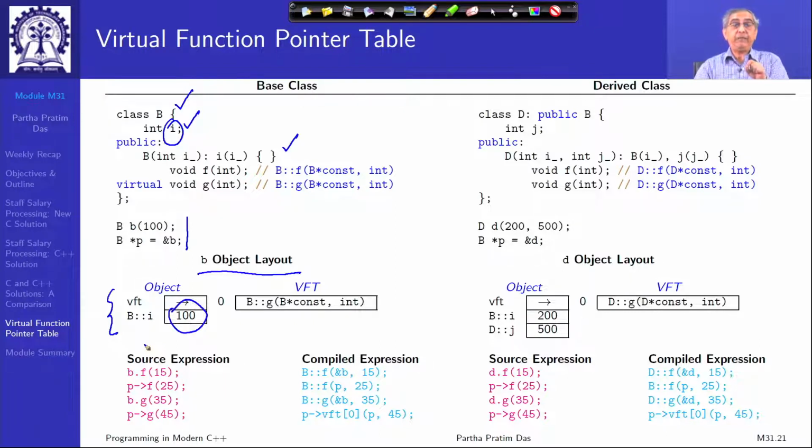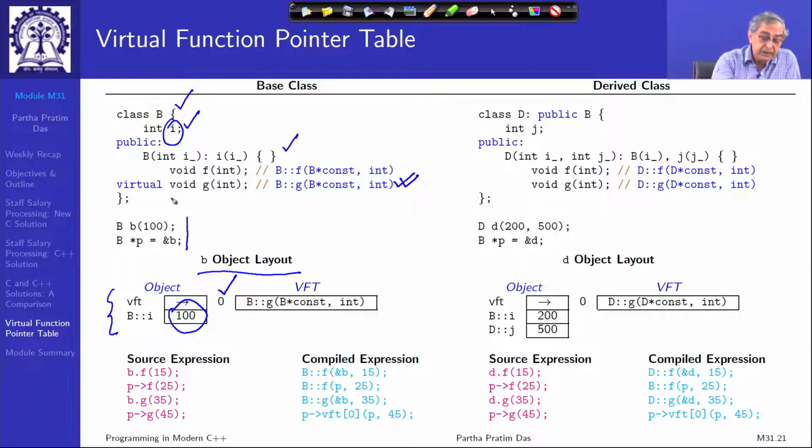What does that table keep? The table keeps a function pointer, which is basically a kind of an address. So, it is a linear table, one dimensional. Since I have only one virtual function, there is only one entry at index 0. What is that function? That function is the only virtual function that I have defined here, which is g.